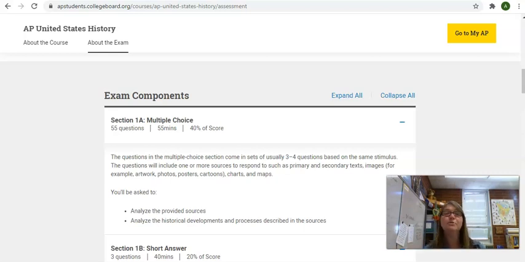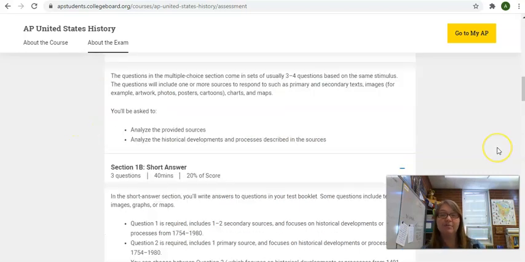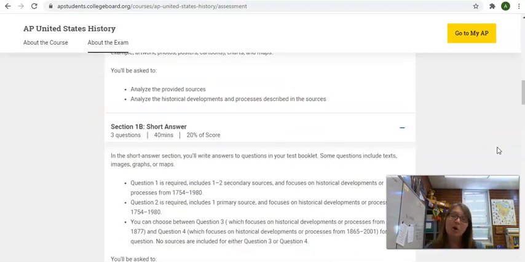So the exam tests all of those skills. The first section is a multiple choice section. It's 55 questions in 55 minutes, and it is worth 40% of their score. Effectively, they're analyzing the provided sources and analyzing historical developments as well. The second part is the short answer period, and they have 3 questions to answer in 40 minutes, which is 20% of their score.